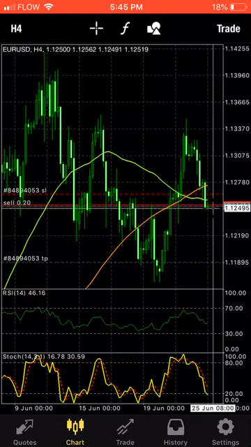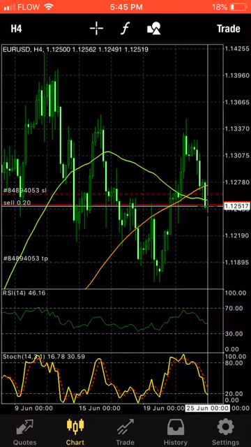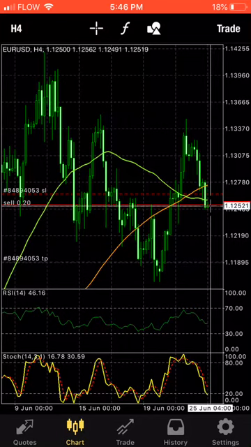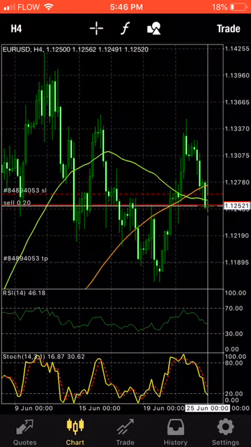I'm entering a sell order right here at 1.12517, and I set a stop loss 30 pips away. 10 pips would take me to 617, 717 would be 20 pips, 817 would be 30 pips.